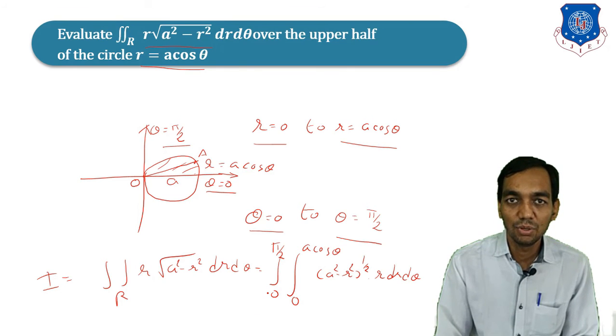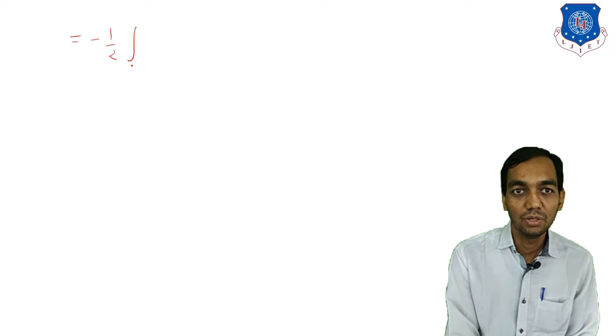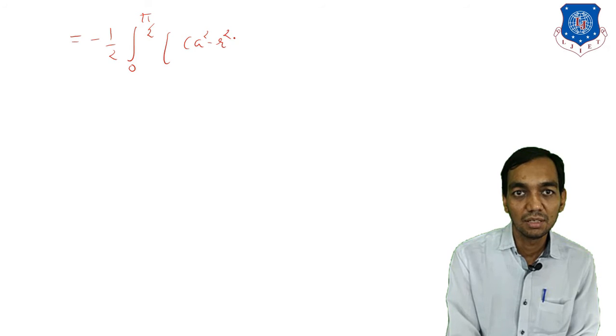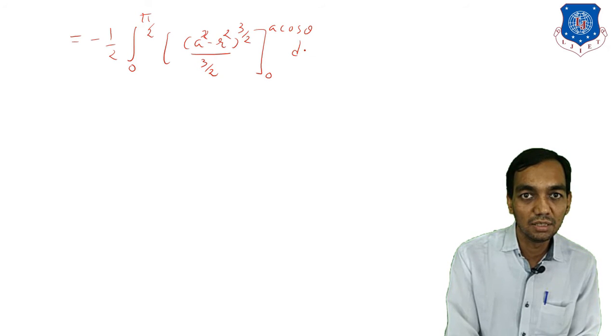And now integrate this function. So multiply and divide the function with -2. So you will have -1 by 2 into integration from 0 to pi by 2, and integration of a square minus r square raised to 3 by 2 upon 3 by 2, and the limit is from 0 to a cos theta d theta.